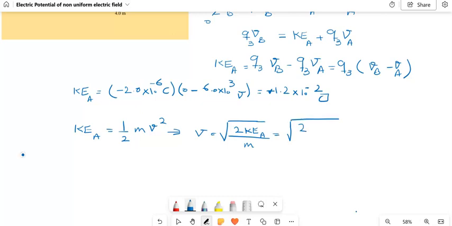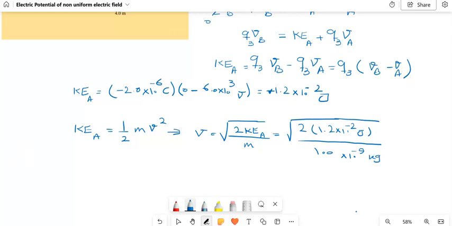So 2 multiplied by 1.2 times 10 to the power of minus 2 joule. The kinetic energy is in joule, so we are not worried about changing its unit. And the mass of this charged particle is 1 multiplied by 10 to the power of minus 9 kilogram.